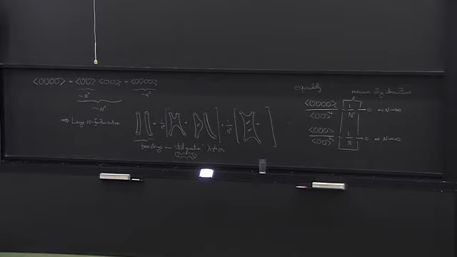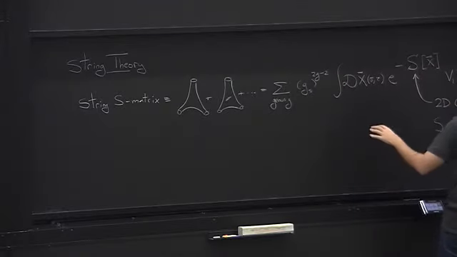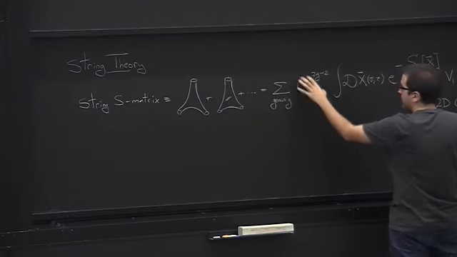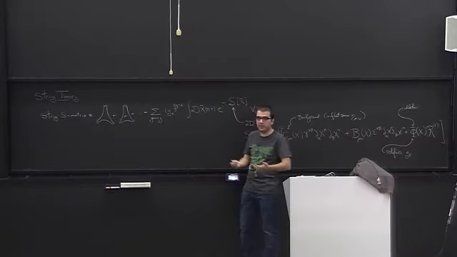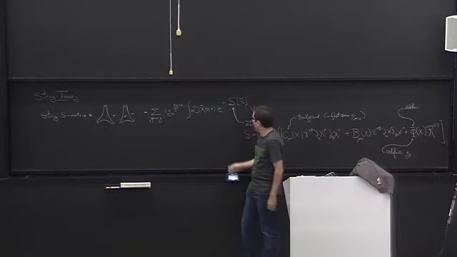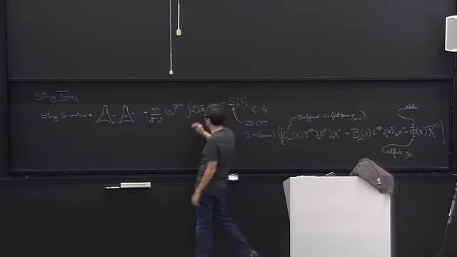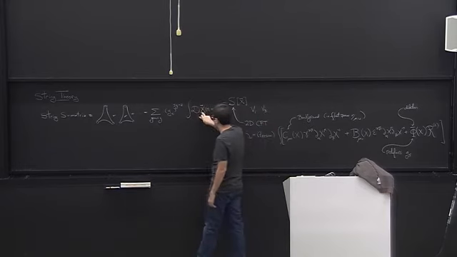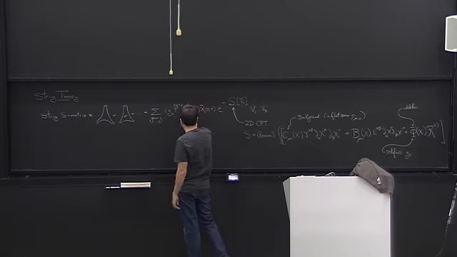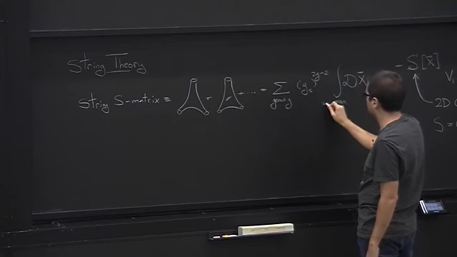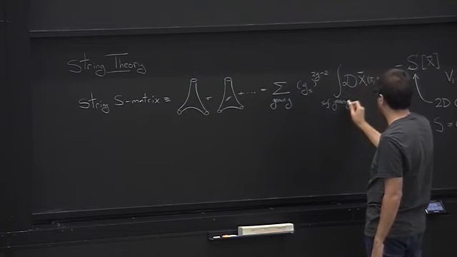And then, what weights each? Instead of a sum of graphs for a given topology, we have a sum of surfaces for a given topology. So it's a one-to-one correspondence. And we integrate over surfaces of genus g. This is a map from the worldsheet to the target space of surfaces with genus g.